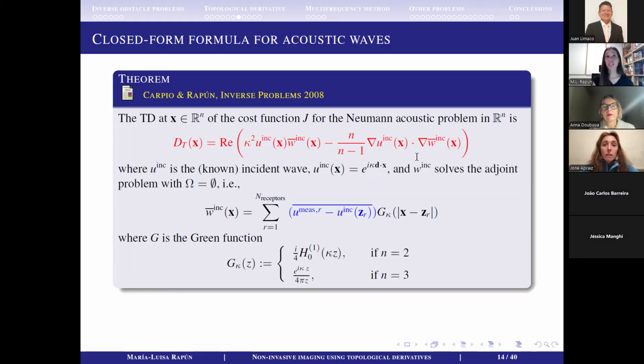So it's easier to compute shape derivatives than to compute the topological derivative using the definition. And it helps also in the reconstruction process, no? Yeah, it's just for the reconstruction process. Okay, thank you, Maria Luisa. Thank you. Are there other questions?